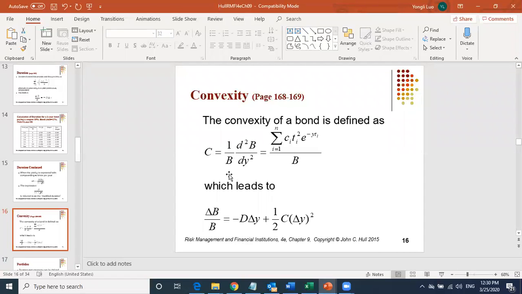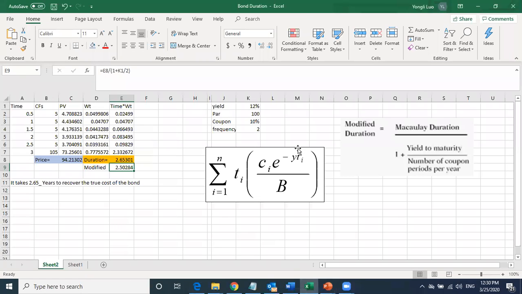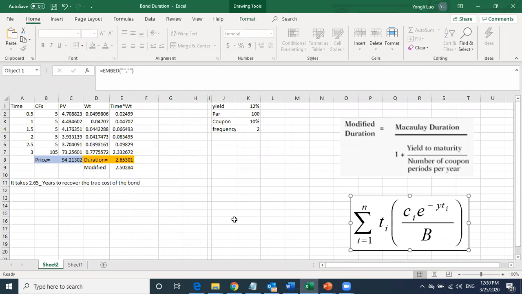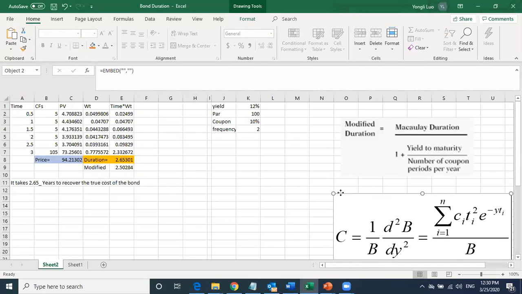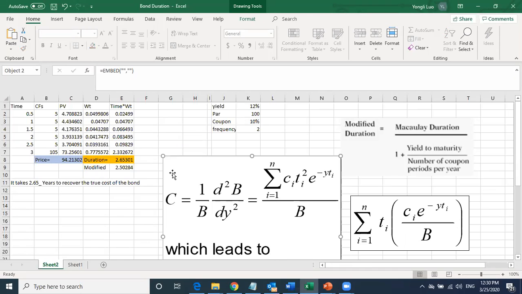Okay, the next one we talk about is the convexity. The convexity of a bond is defined as follows. You can see how it looks. We can put this formula in the Excel spreadsheet. You see the duration, it typically is a curve.